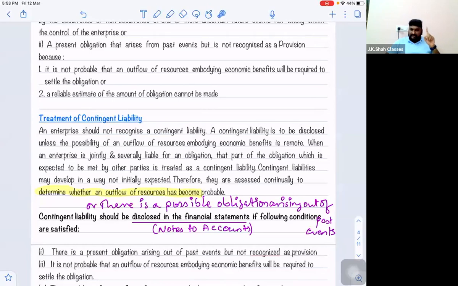And if it is a possible obligation, you have to record this court case as a contingent liability in the notes to accounts. Right? And now finally in the last quarter, third quarter also proceedings went on. Now finally in the fourth quarter, he says that boss, opponent is too strong. Superb evidences they have given.